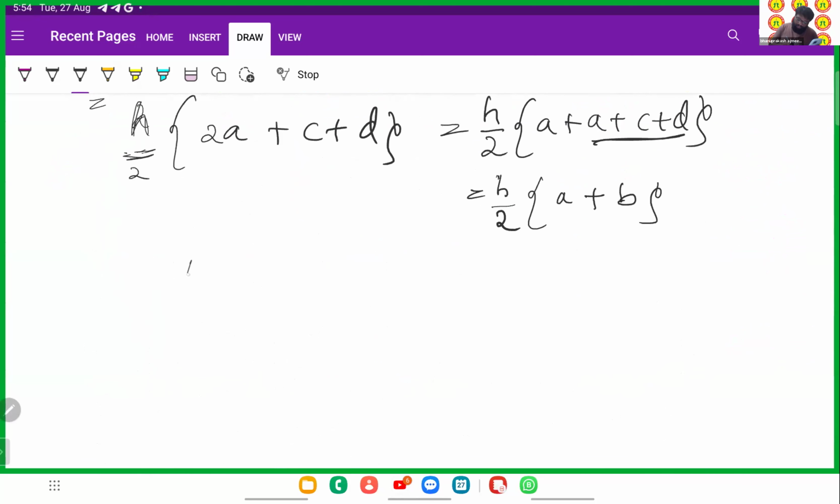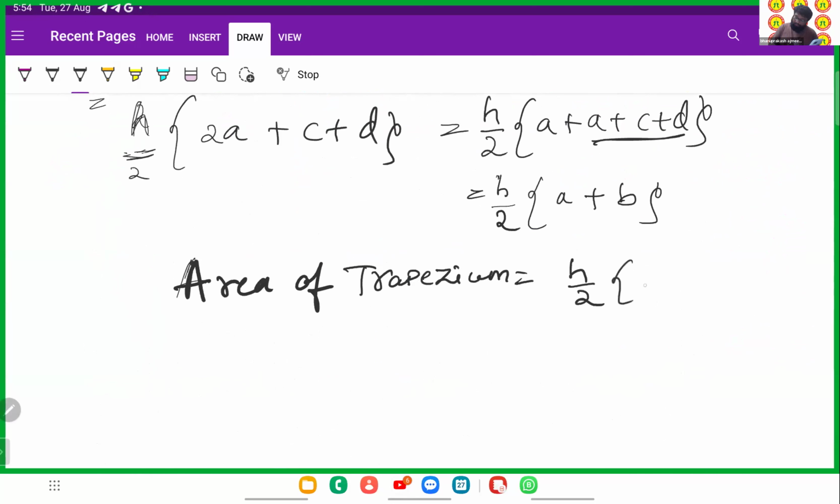So what is the area of the trapezium now? H by 2 into A plus B. Correct or not? Yes, sir. But what are A and B here? Parallel sides or not? Yes, sir.